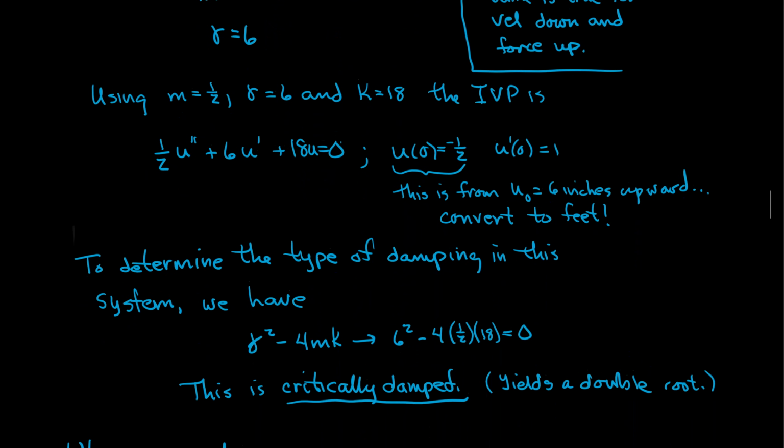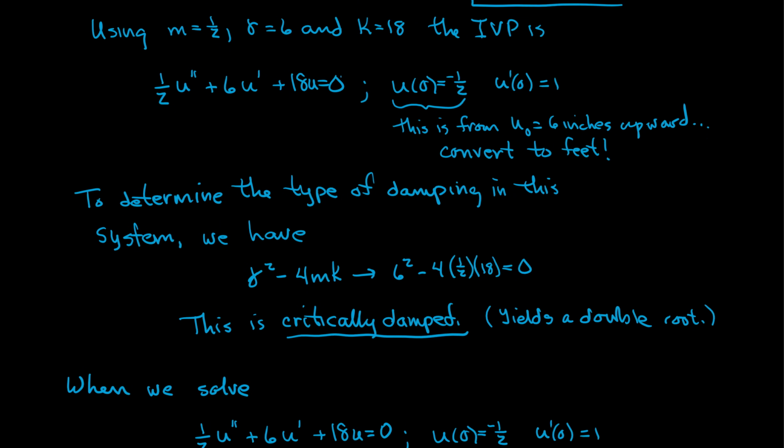This then allows us to have the following values for our coefficients. The mass is 1/2, gamma, the damping coefficient, is 6, and the spring coefficient is 18. This gives us our initial value problem right here. 1/2 u double prime plus 6u prime plus 18u equals 0.